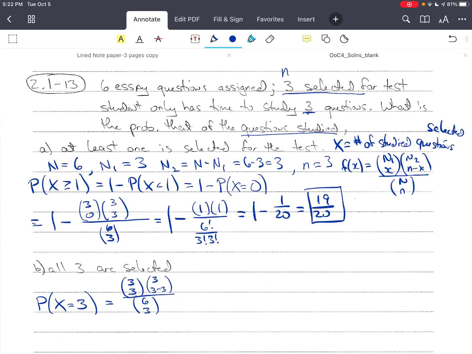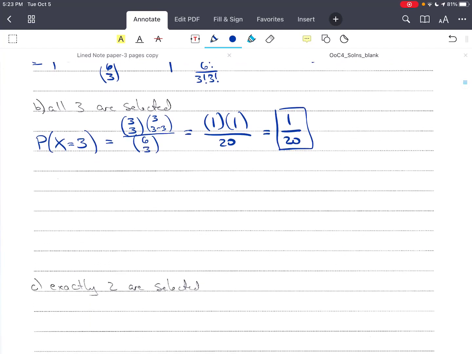And so 3 choose 3 is 1, 3 choose 0 is 1, and we determined that 6 choose 3 is 20. So this is going to be 1 over 20. Not very good, so only a 5% chance or a 0.05 probability.